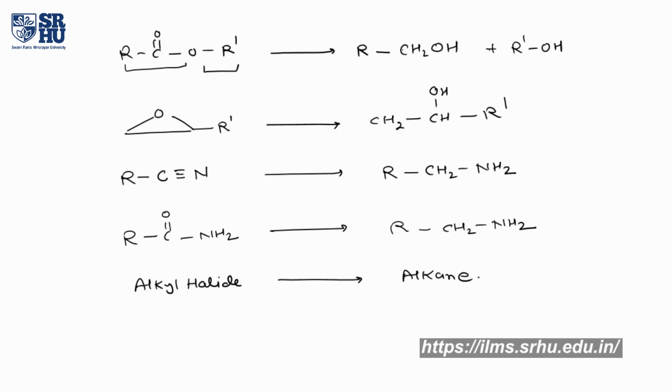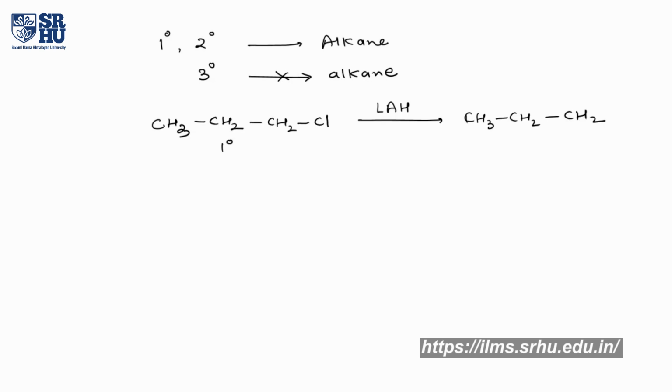But there is a point that you must consider before doing it. Only 1 degree alkyl halides and 2 degree alkyl halides are converted into alkane by LiAlH4. 3 degree alkyl halide cannot be converted into alkane through LiAlH4.